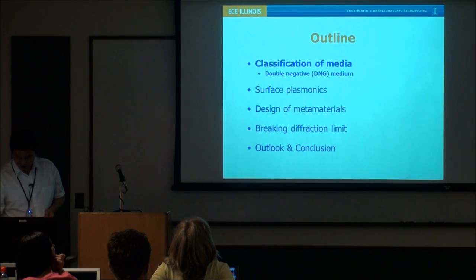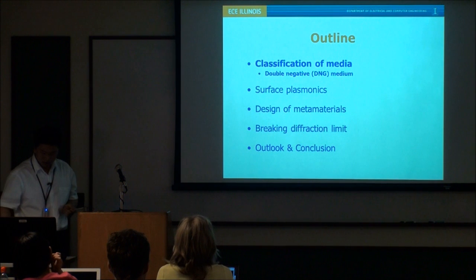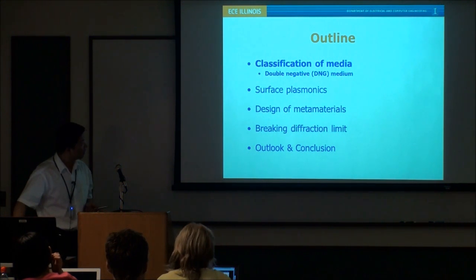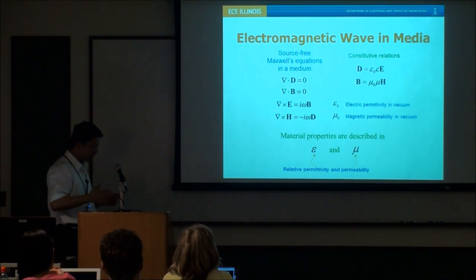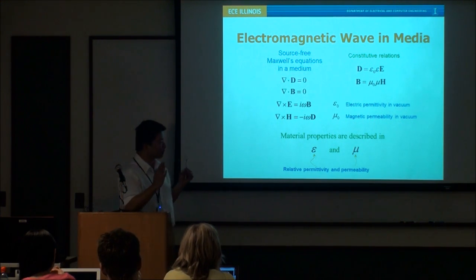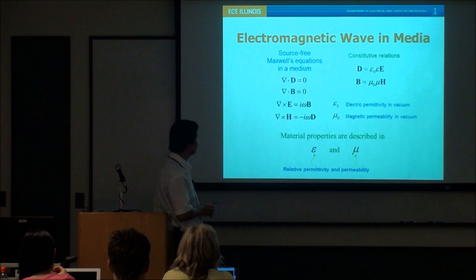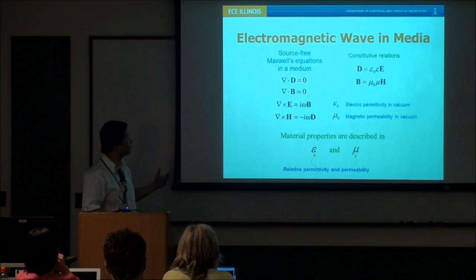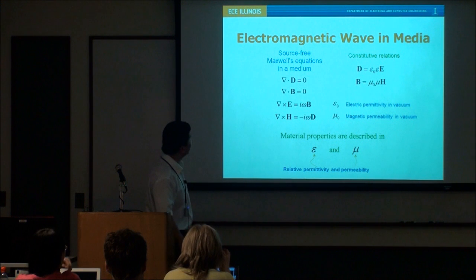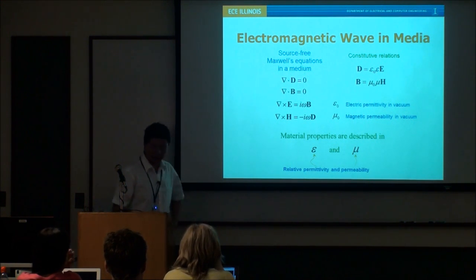All right, so if we try to define or classify the media depending on their epsilon and mu, we can always define the materials into different categories. But before that, let's give a very quick overview or review of electromagnetic waves in the media.